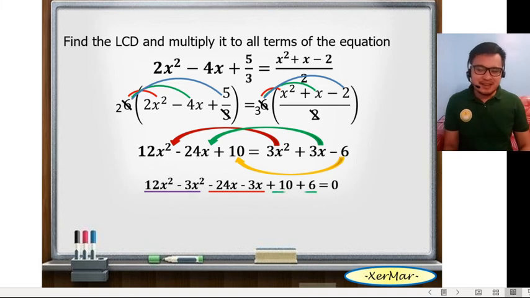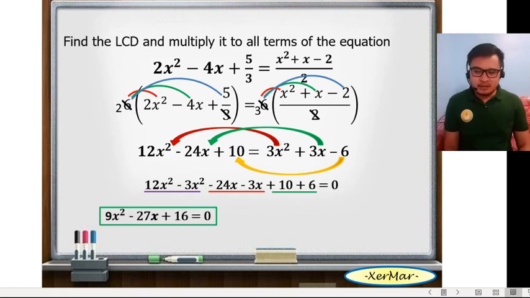At meron din tayong positive 10 and positive 6. Yan. So, yan yung mga pair of similar terms. So, i-combine na natin. 12x squared minus 3x squared. The answer is 9x squared. Next, negative 24x minus 3x. The answer is negative 27x.